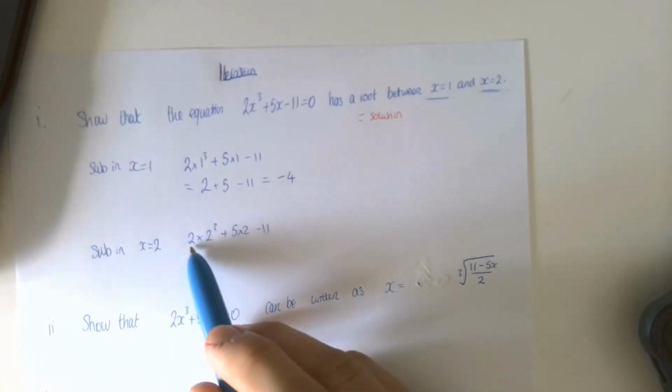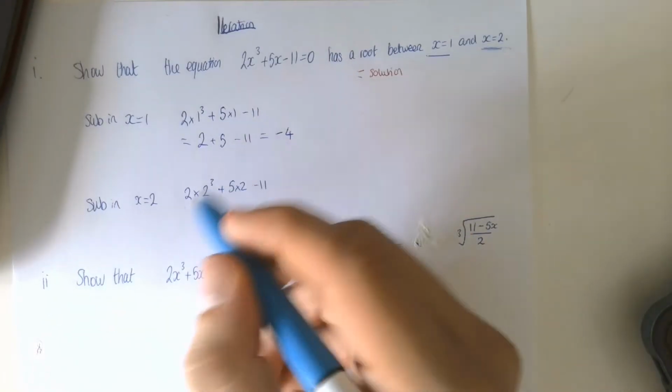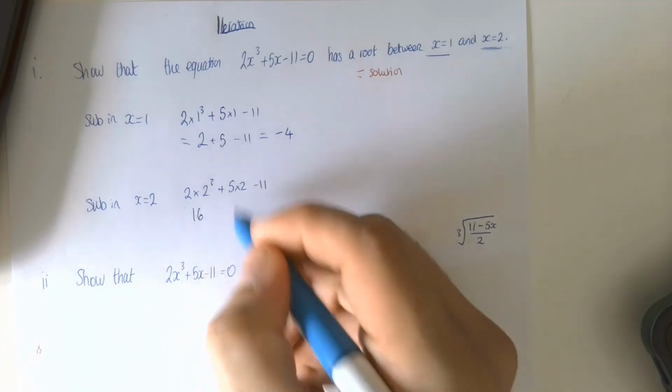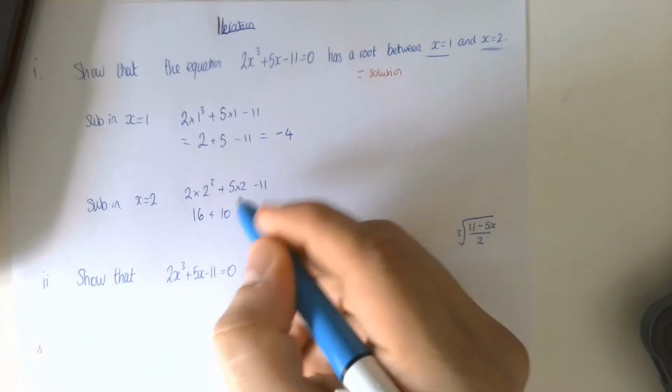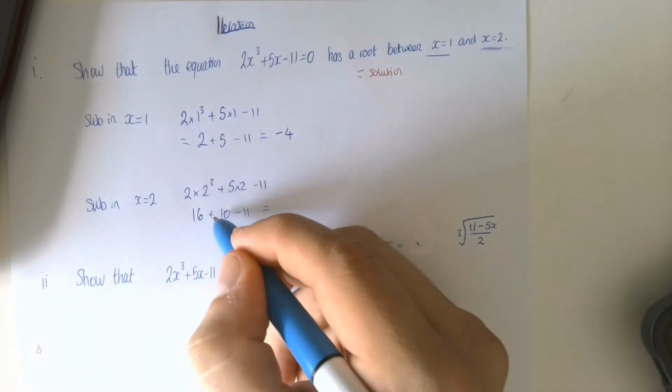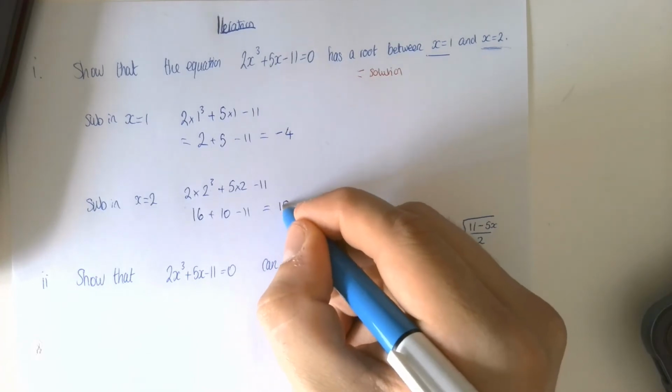Okay, and that is going to give me, well, 2 cubed is 8, and 2 times 8 is 16, 5 times 2 is 10, and I'm going to take away 11. 16 plus 10 is 26, minus 11 is 15.